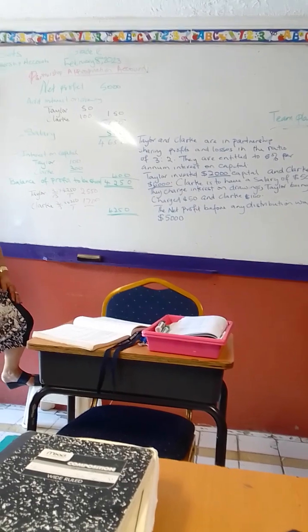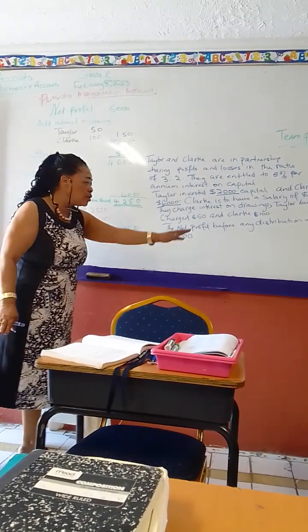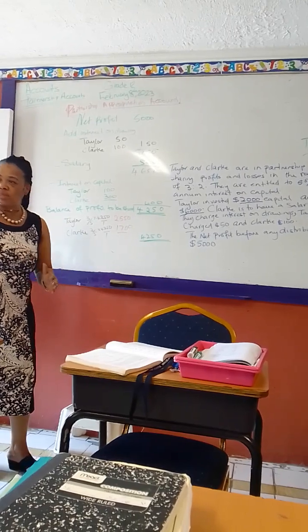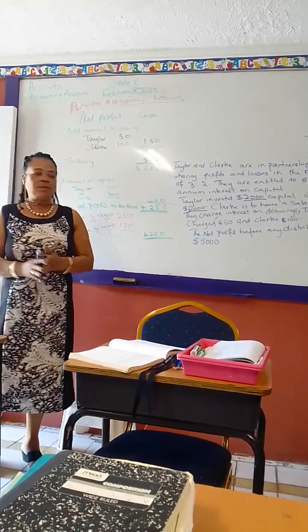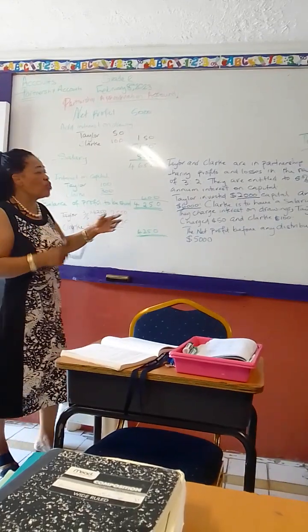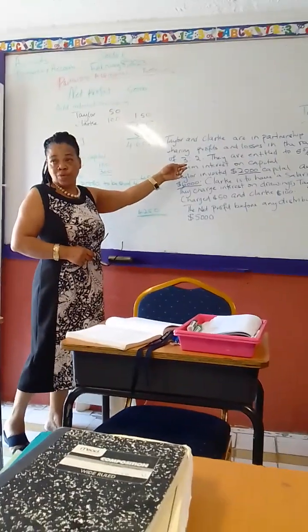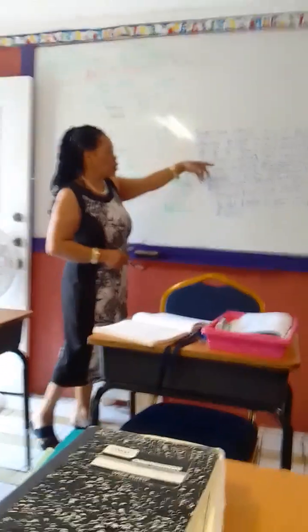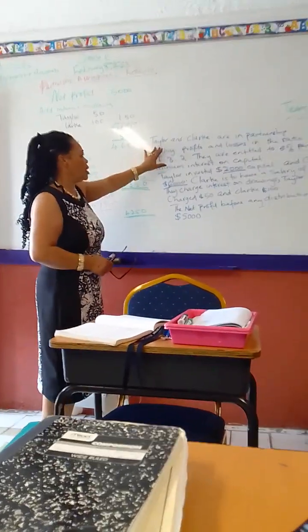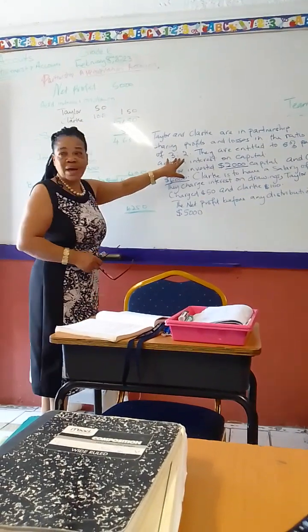In other words, this is now after all the deductions. After all the deductions, I can now share my profit. Normally they'll give you a ratio as to how to share the profit. In this case, 3 to 2. Taylor 3, Clark 2. Takes us back to maths.